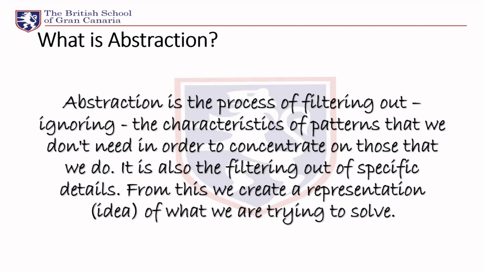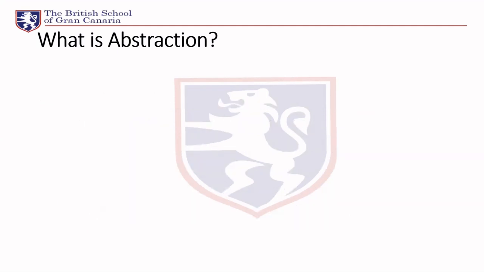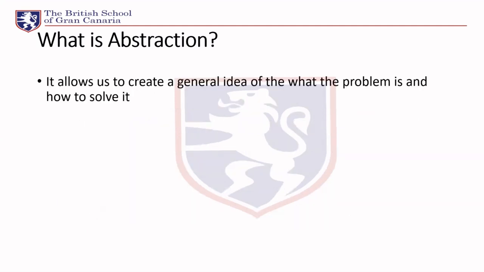So we filter out any specific details and create a representation of an idea of what we're trying to solve. It allows us to create a general idea of what the problem is, okay? So basically you can say, right, dismissing this, dismissing that, dismissing that. What we're looking at here is this problem. And then we can try and figure out a way how to solve it.